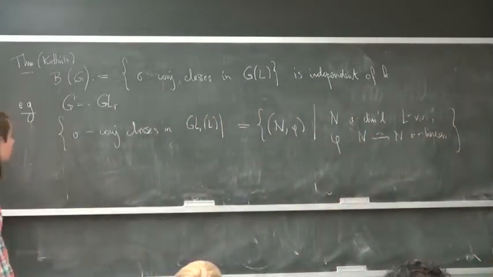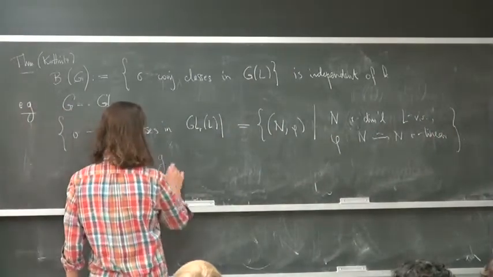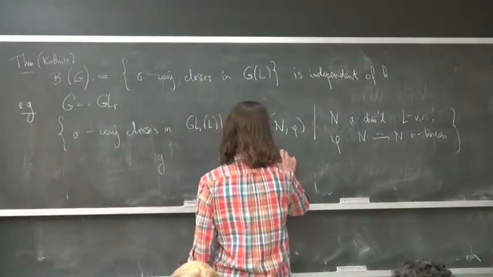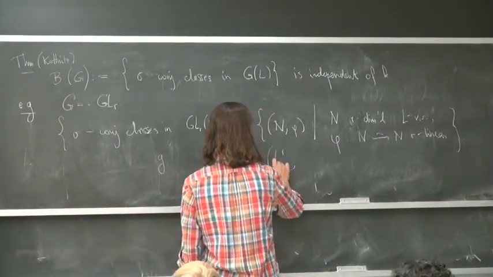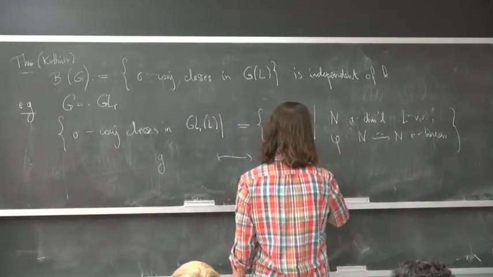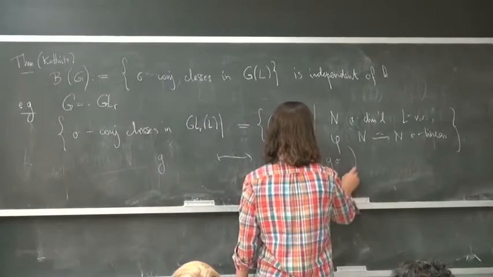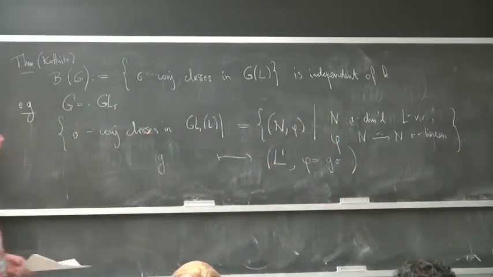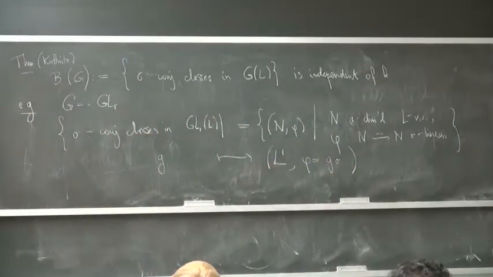Just by sending an element g in here to the pair with phi being g times sigma. And so if you change the basis of this Dieudonné module, then g is precisely changed by sigma-conjugation.